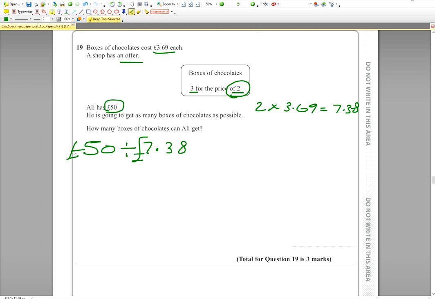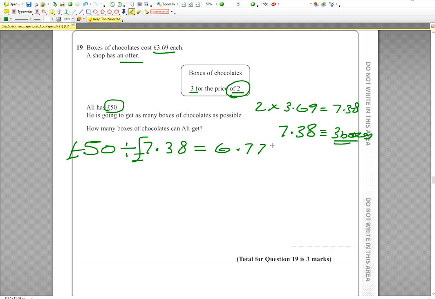So for every £7.38 we pay, we get 3 in return, even though it's the price of 2, because you're getting 1 box free. Everybody loves free boxes of chocolates. So if you do that on the calculator, what answer do we get for the first part? 6.7. So we get 6. Is it 6.7 or 6.77?